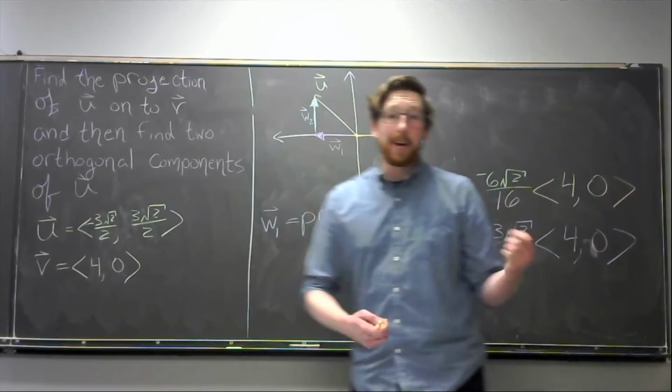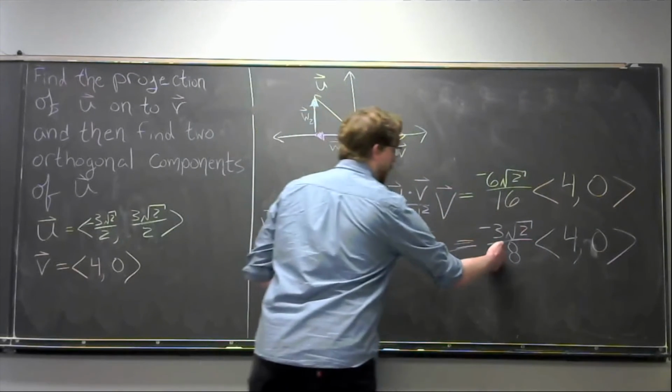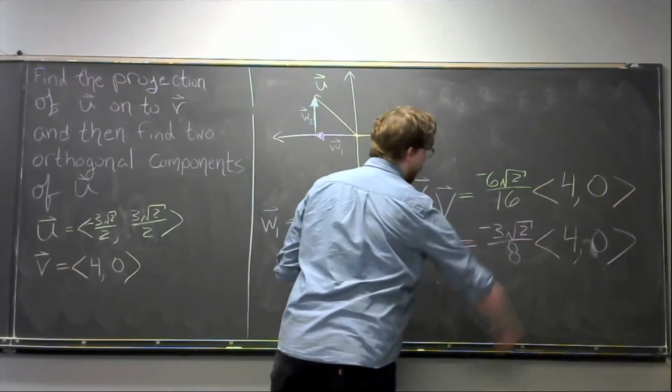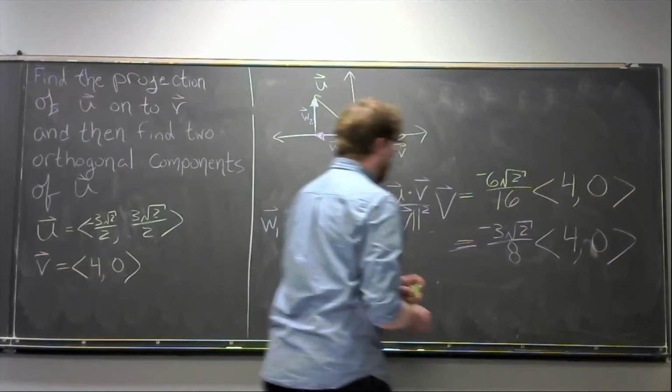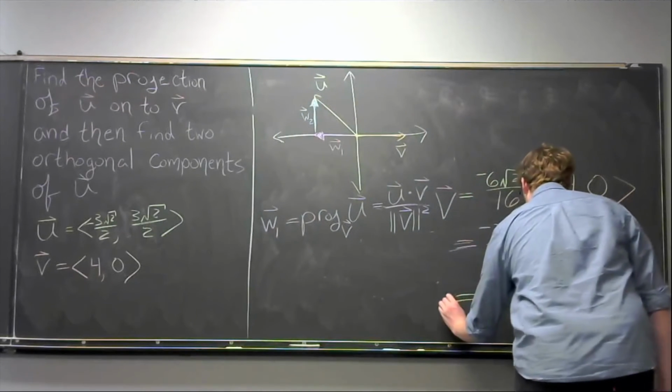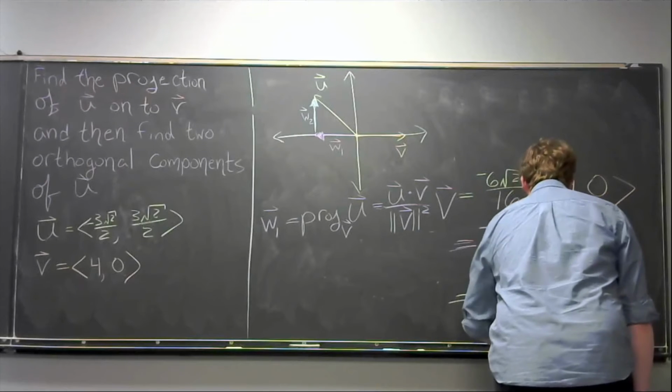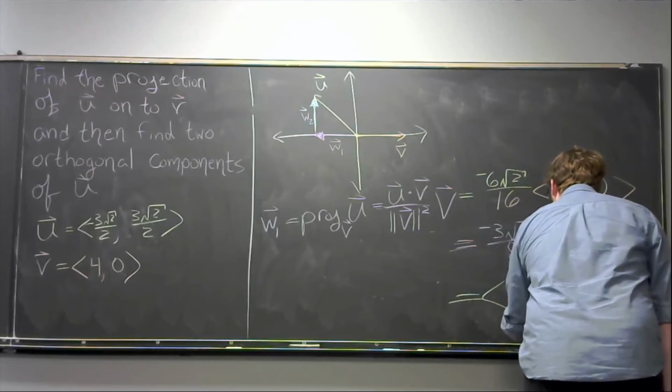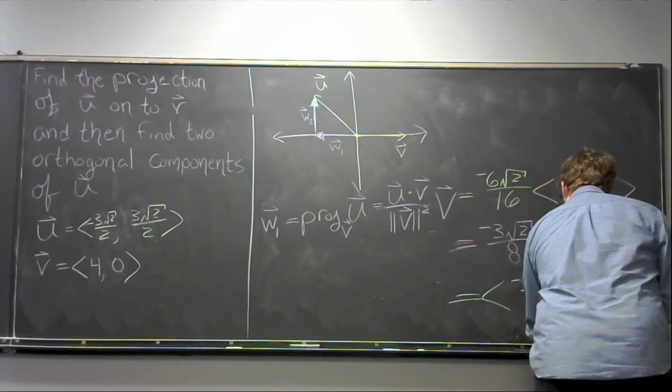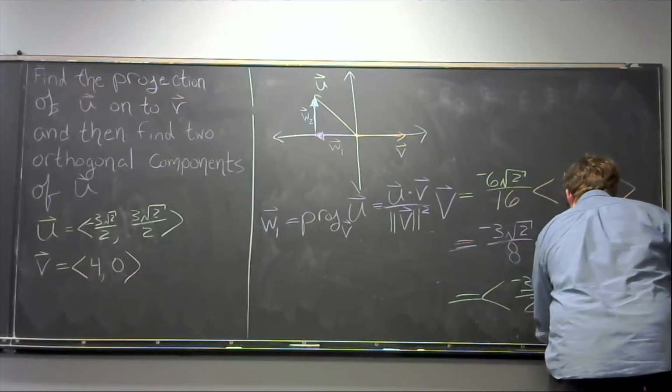And when we multiply this fraction all the way through, what we're going to end up with is negative 3 square root of 2 over 2 comma 0.